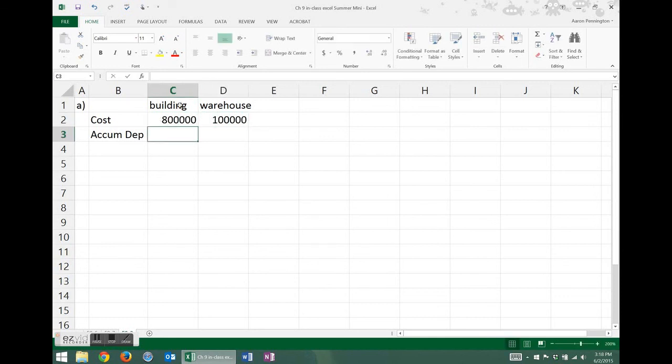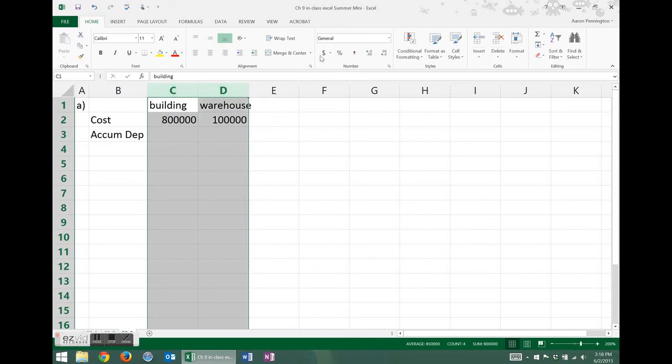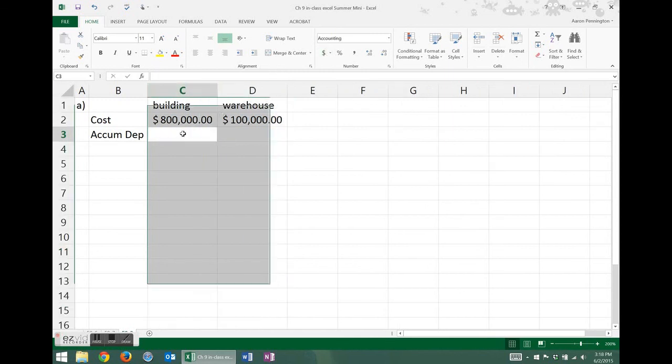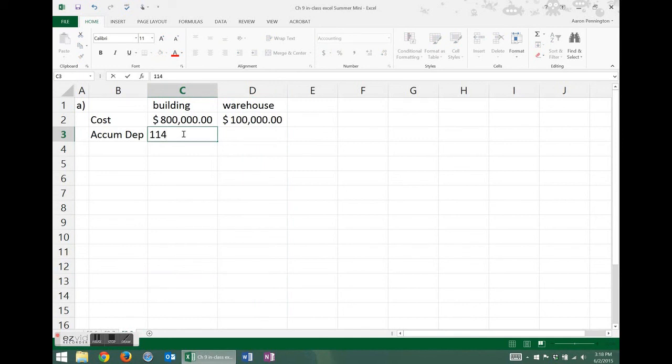Warehouse cost $100,000. $114,000 accumulated depreciation on the building and $19,000 on the warehouse.